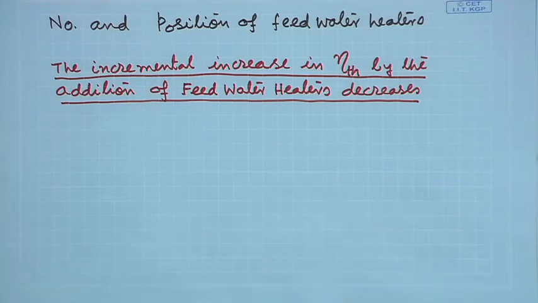So, if it is so, when we are adding feed water heaters, we are having additional pipeline, additional pumps maybe, and also additional equipment like the feed water heater. With all these things, the complexity of the plant increases, and whenever there is addition of pipeline, pumps, or some sort of equipment, losses are also increasing.